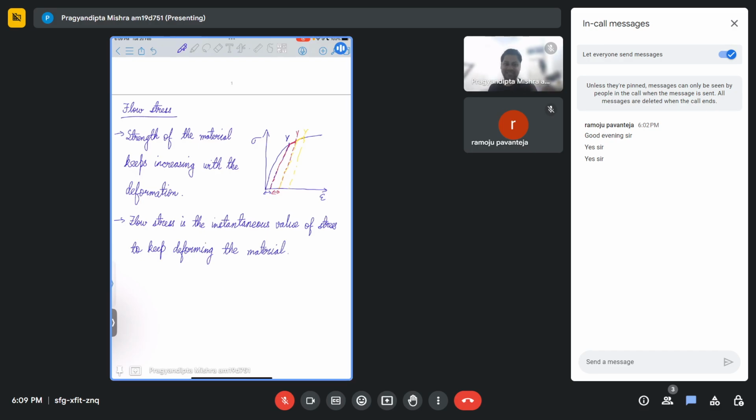So where does plastic stress usually set in? At what point? This is why we are defining something known as the yield point, right? Because that's where the plastic deformation starts setting in, because the material starts yielding.